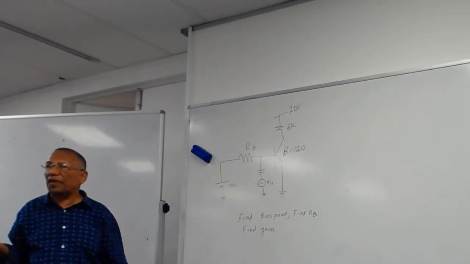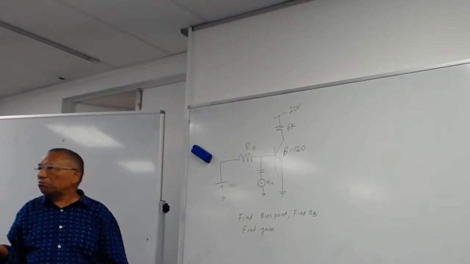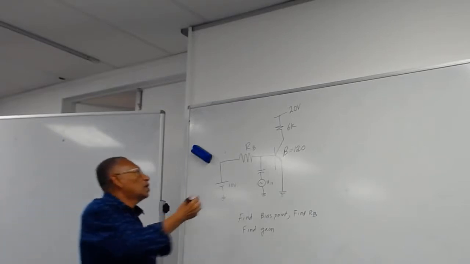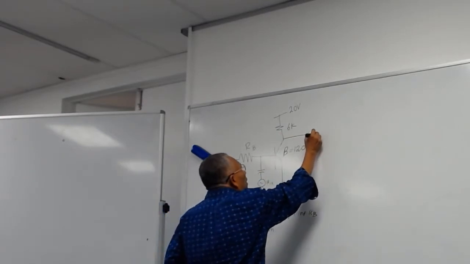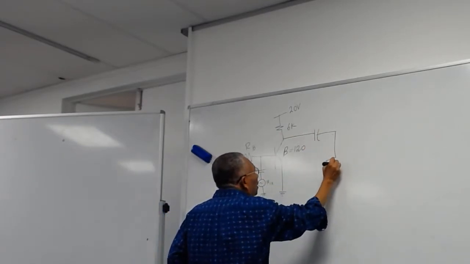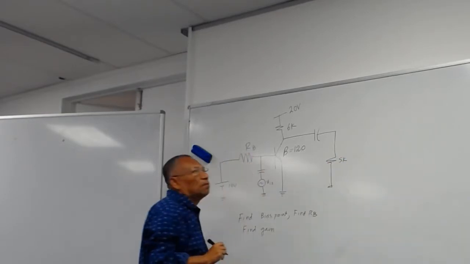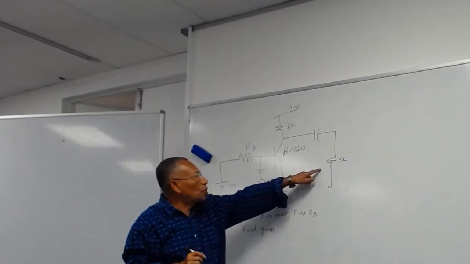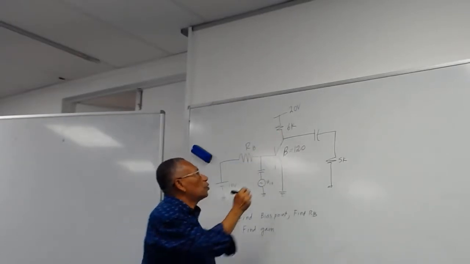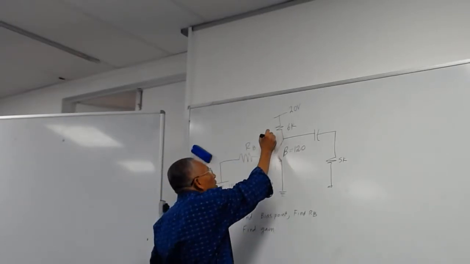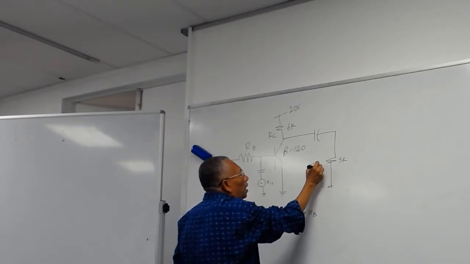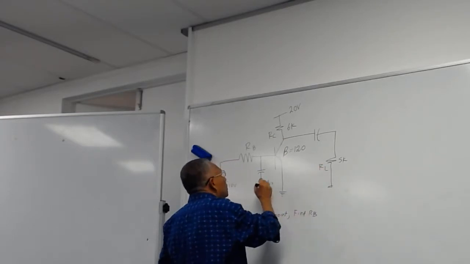It's a large value, so that it will have zero resistance across it. And then we put another capacitance here, and then another resistance here, the load. Say this is 5 kilo. So you have this load known, this RC known. We give it a name also. This is RC, this is RL, this is V in, this is RB in.